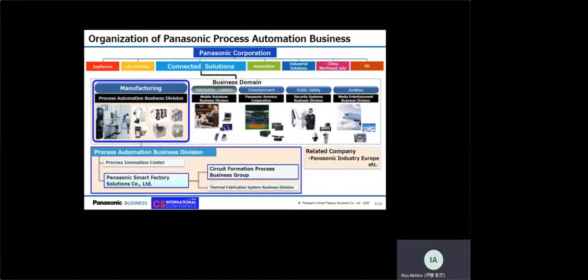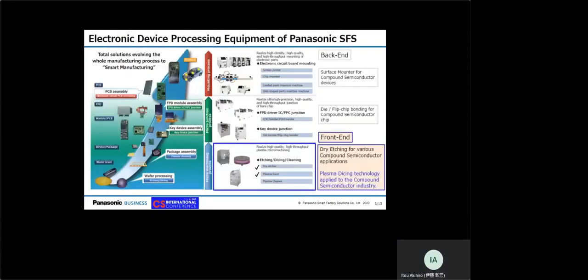Panasonic is divided into 7 in-house companies, and each company handles different products, such as consumer appliances, life solutions, connected solutions, automotive, industrial, etc. Panasonic Smart Factory Solutions belongs to process automation business division of the Connected Solutions company and focuses on fields of factory automation. Panasonic Smart Factory Solutions is developing and manufacturing total solutions for the whole smart manufacturing process, such as back-end and front-end manufacturing equipment for various electronic components.